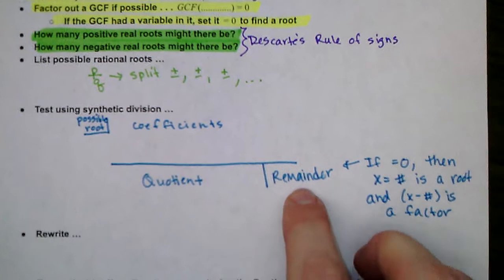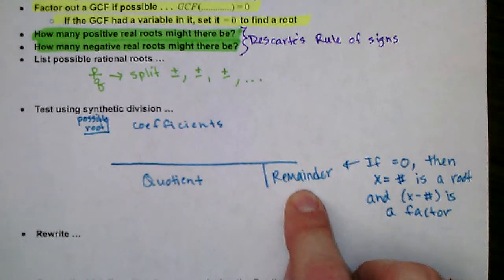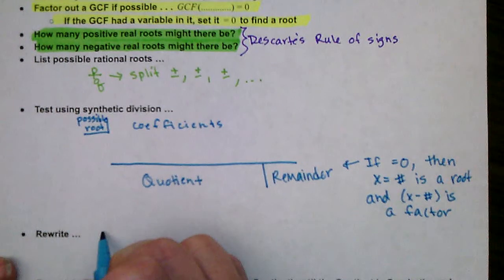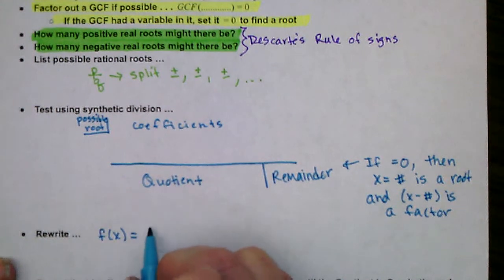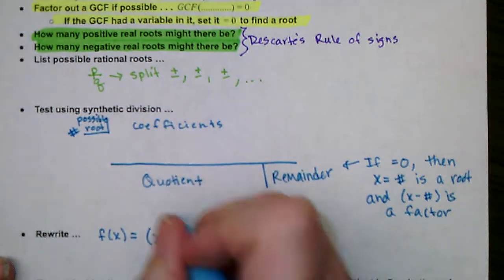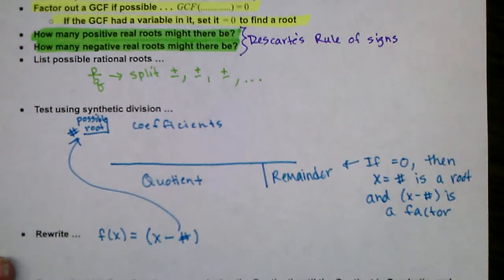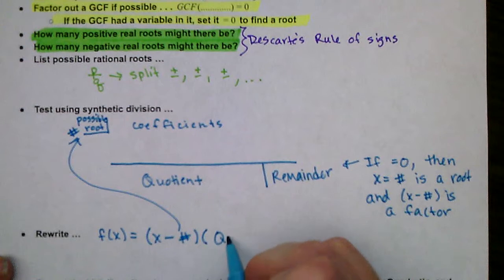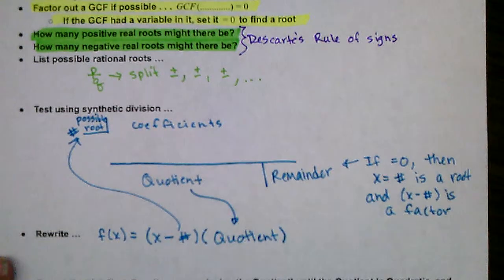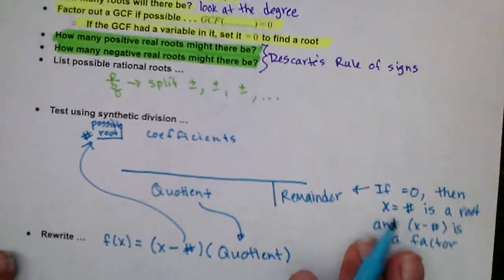So once we get 0 for our remainder, then we are going to rewrite our function as f of x equals x minus that number, this number from up here that was our possible root, times the quotient that we got as a result in our quotient row.